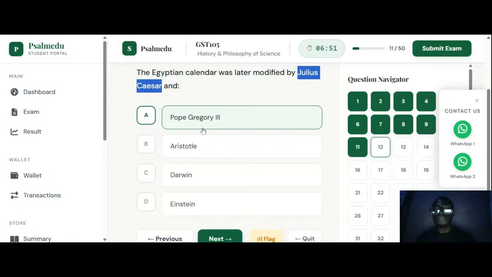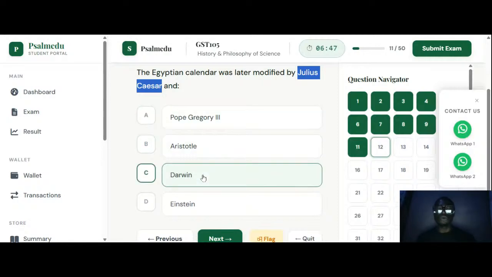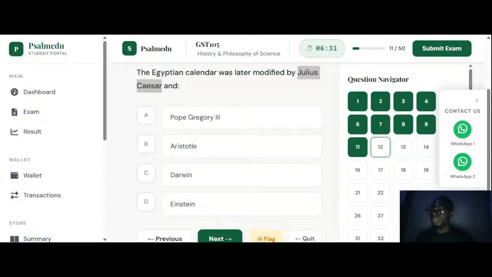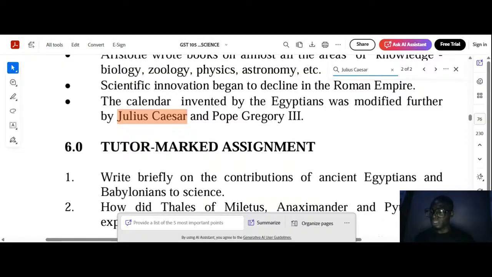Is it Pope Gregory III, Aristotle, Darwin, or Easton? Which of them modified the calendar? I think it's time we read a bit. Somebody is saying science.